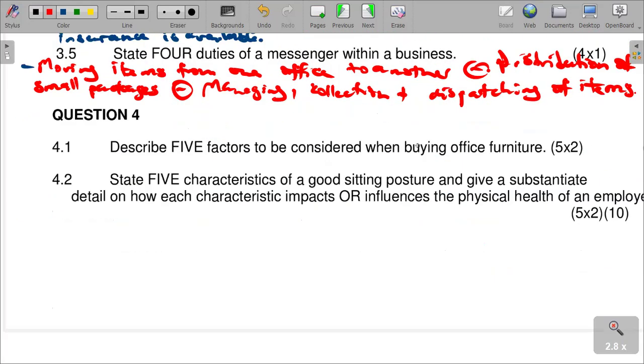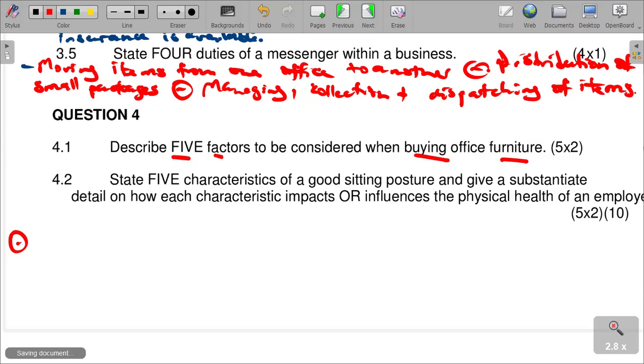And then, describe factors to be considered when buying office furniture. What are the considerations that must be there?